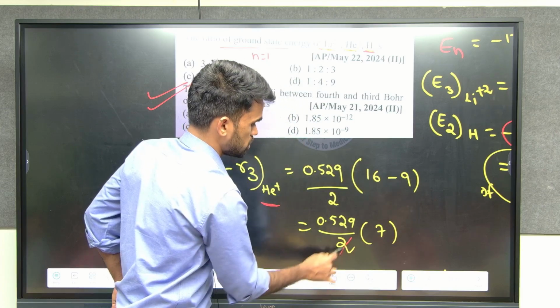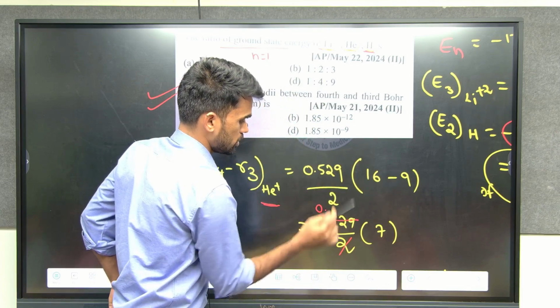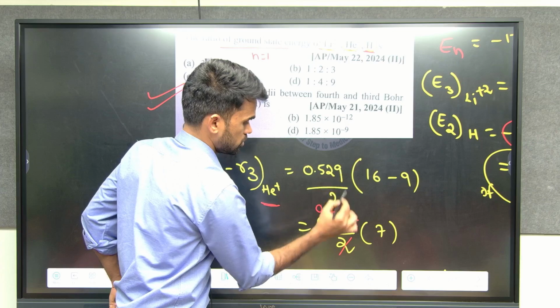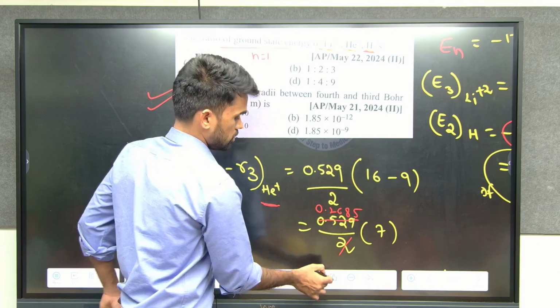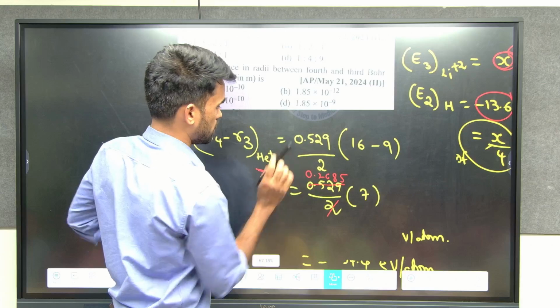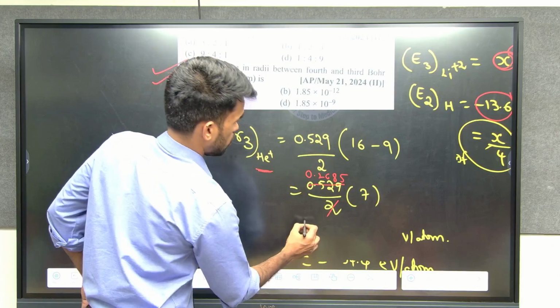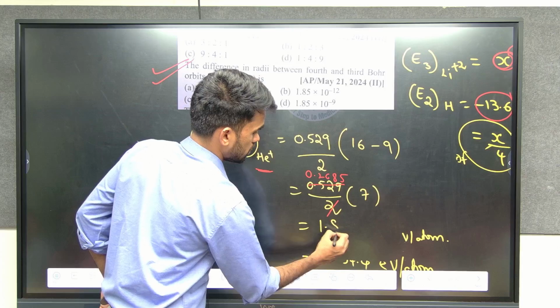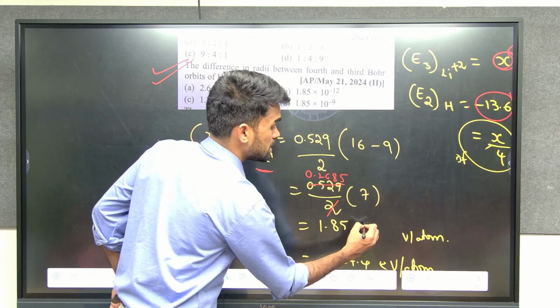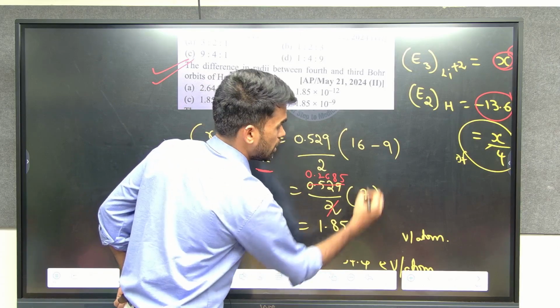So this is how much? 0.2, 6, 8, 5. So if you multiply, you will get some number here. How much? 1.85. What is the answer? Units. What is the unit we got? Angstroms.